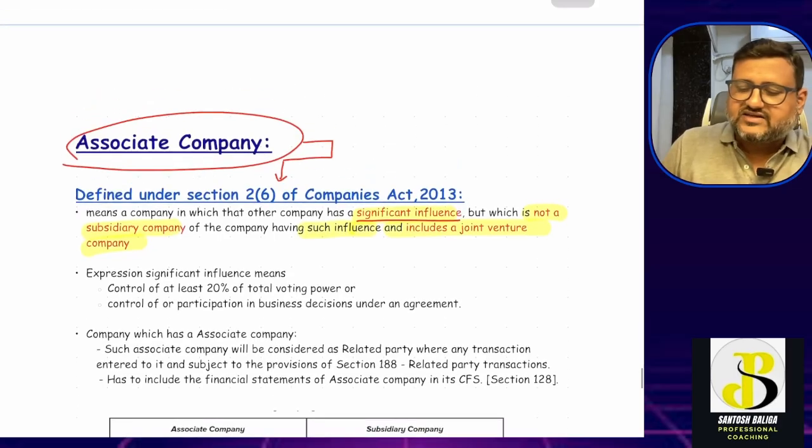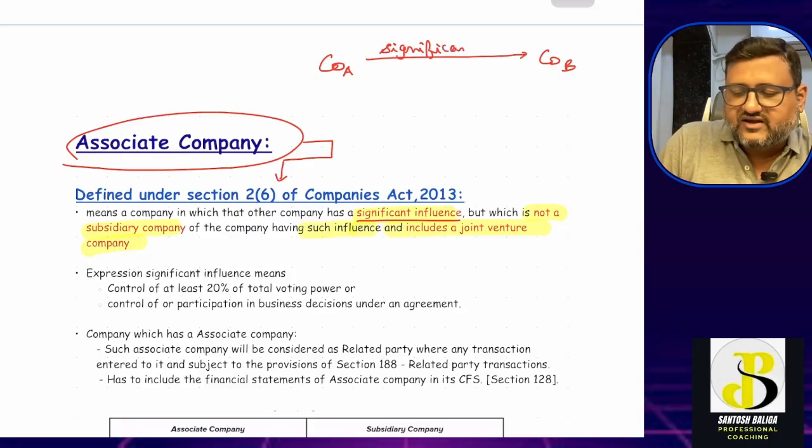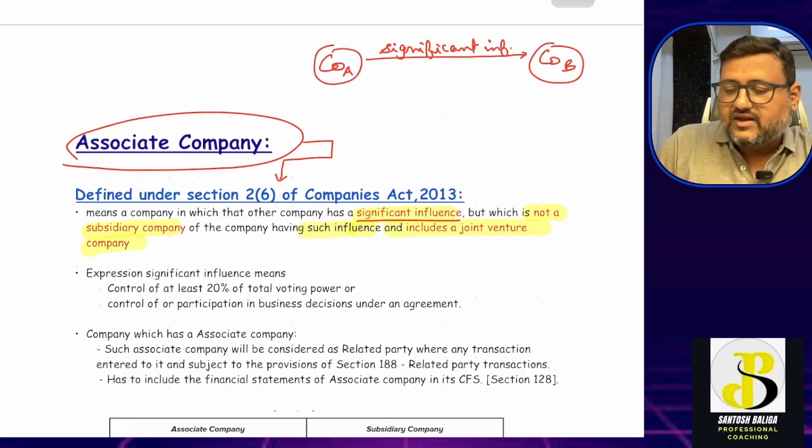We will understand this through an example, say company A and company B. Company A holds a significant influence in company B. Then company A would classify company B as its associate company.